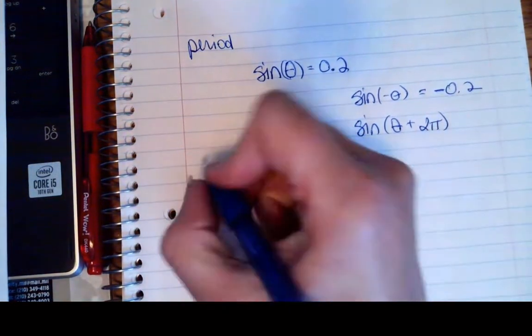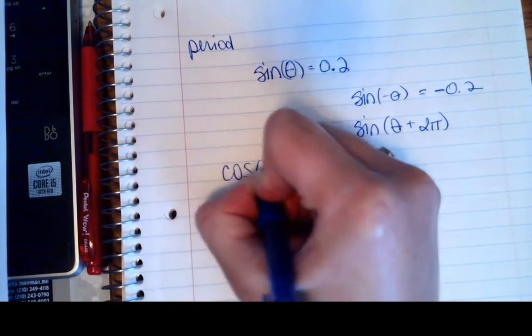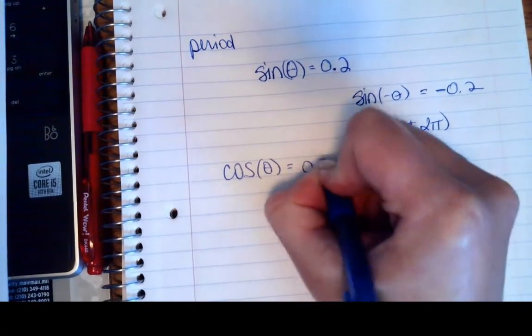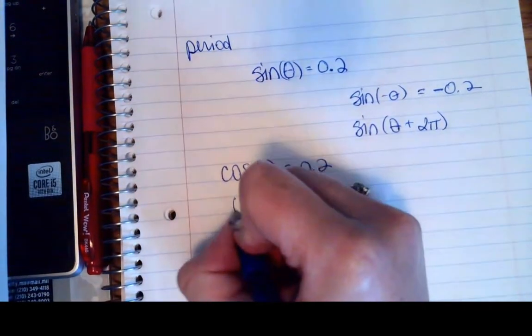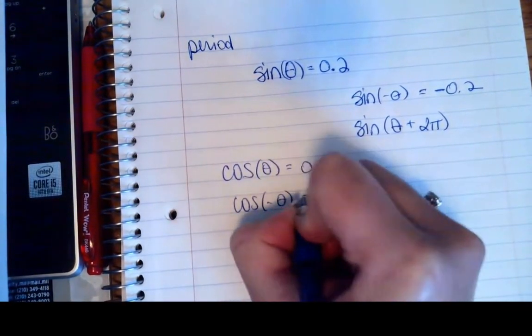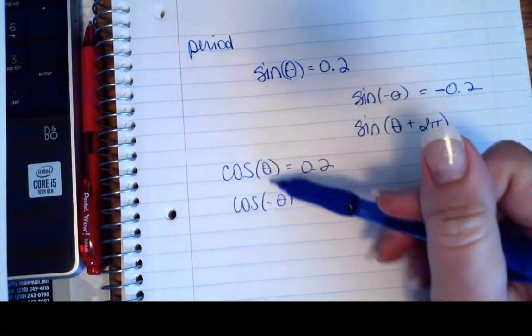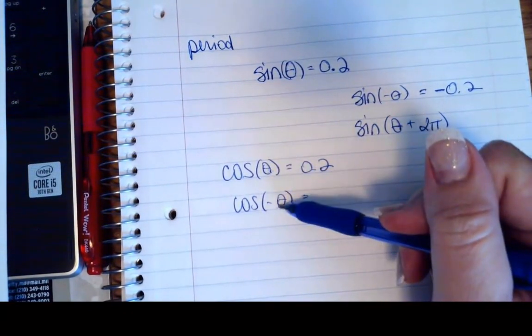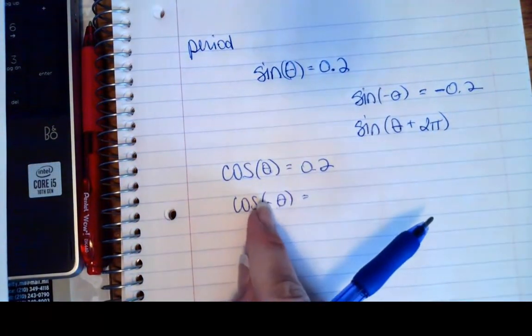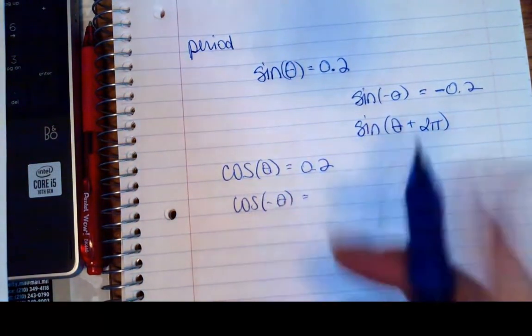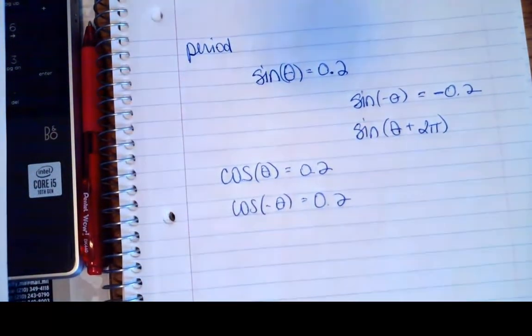Okay? If this was cosine theta is 0.2. Well, then what's the cosine of negative theta? Well, this one just says whatever your input is, it doesn't matter because cosine is an even function, so I can effectively ignore that negative. Okay, so guess what? It's still going to be 0.2.